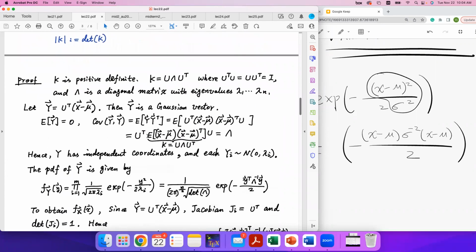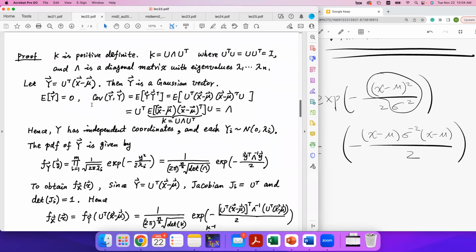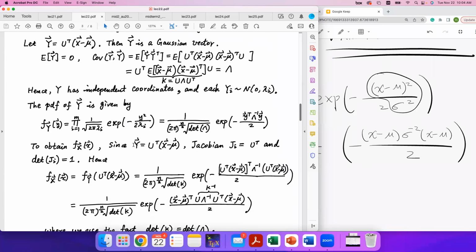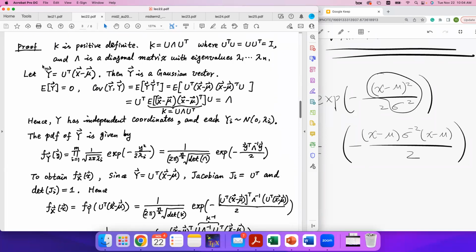And again, I will skip the proof here. If you are interested, you can take a look. I think we leveraged the eigen decomposition of this autocovariance matrix. The proof is actually non-trivial. We do a linear transformation so that the random vector has independent Gaussian coordinates.